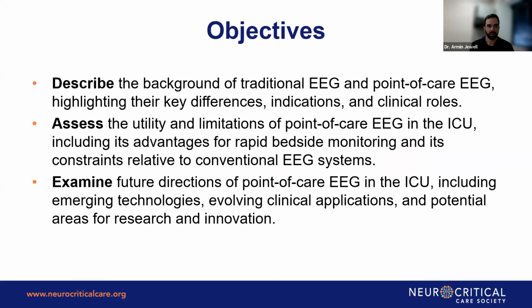We're going to talk about the utility of both, as well as limitations of point-of-care EEG, and how it's relative to conventional EEG and how it's used. And we'll also look at some future directions of point-of-care EEG, some in the ICU and some otherwise, some applications of it, as well as some areas of new research and technology that's being developed through these EEG companies as well.